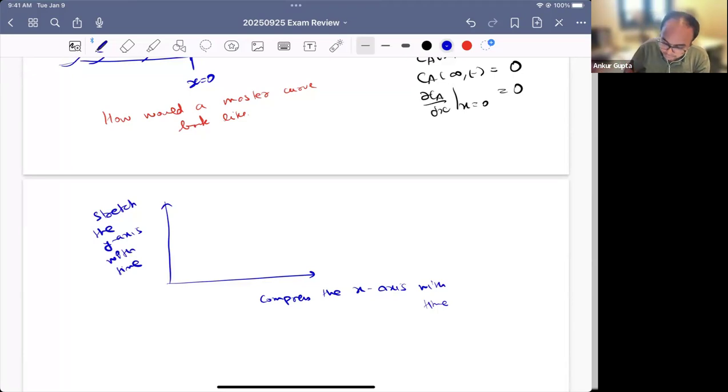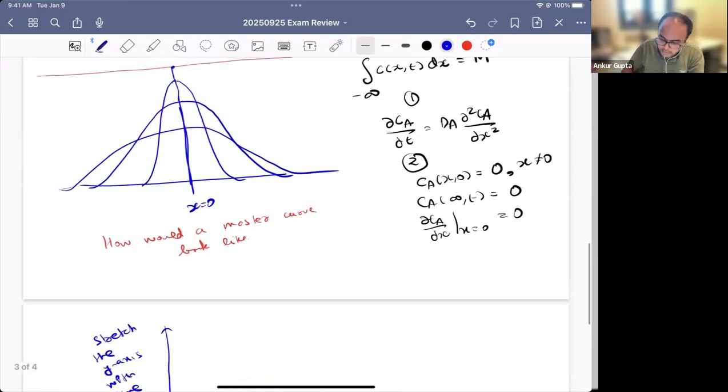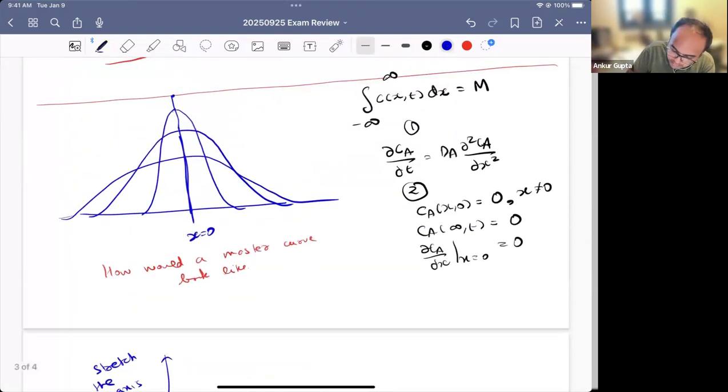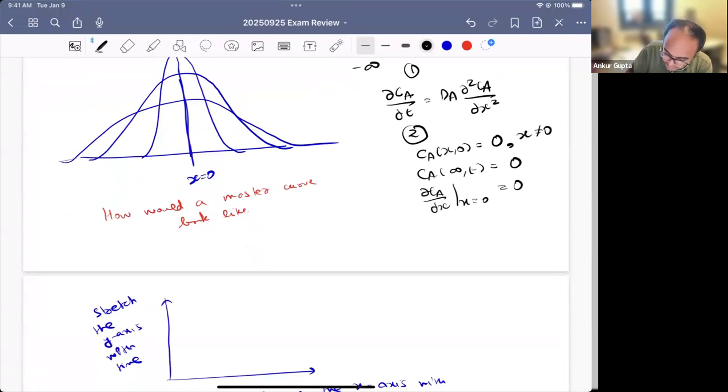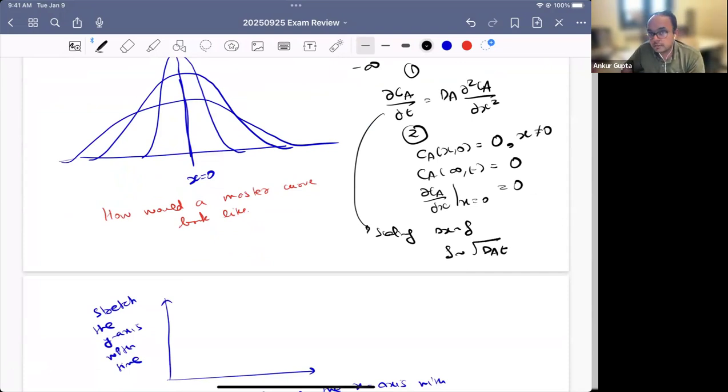Now, you can do the scaling analysis. Scaling will say delta x is some delta, and you can convince yourself that delta will scale as the square root of Dt. This has always been true for all problems, except that diffusion might change to alpha; it goes as the square root of time. The problem here is I don't have a concentration, I just have a mass.